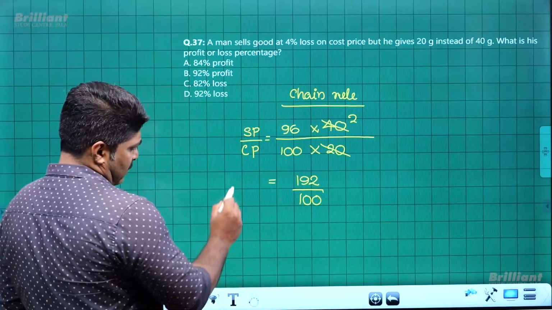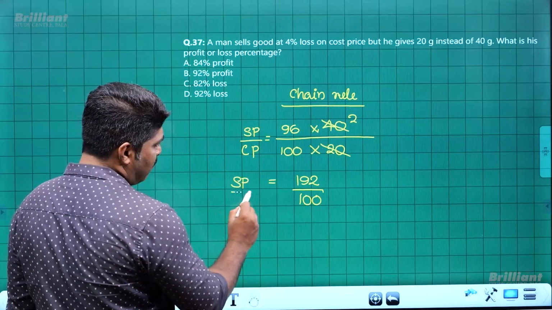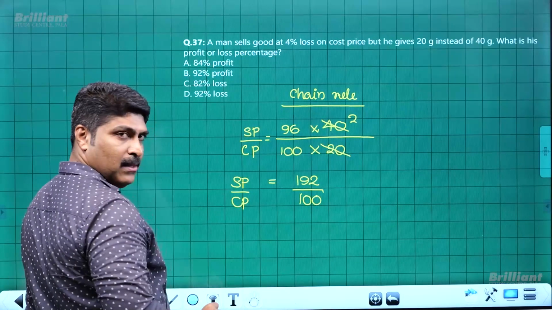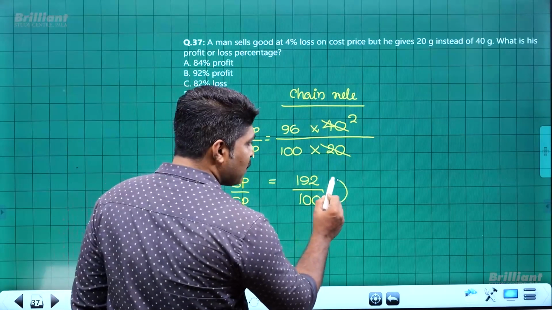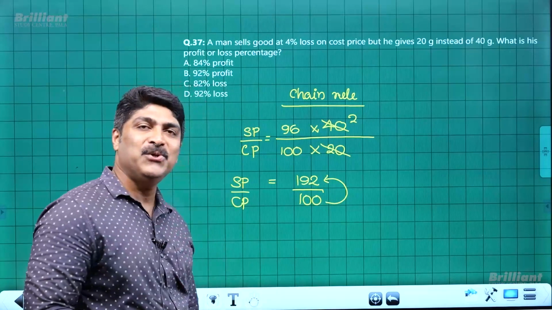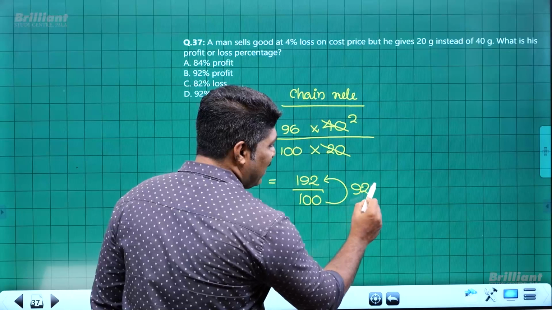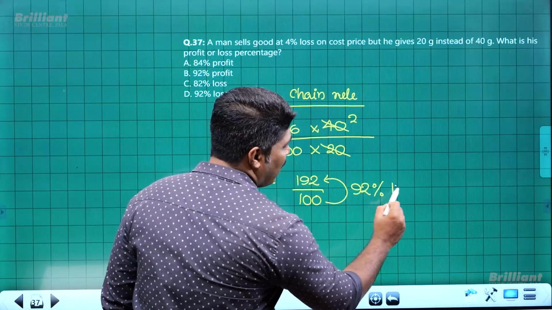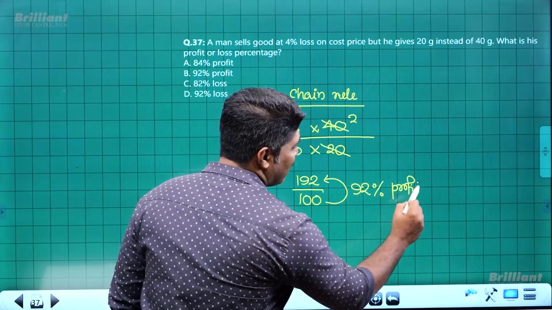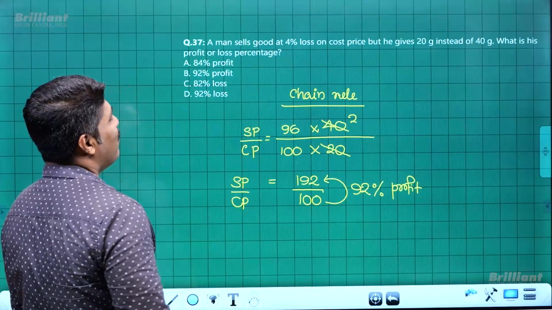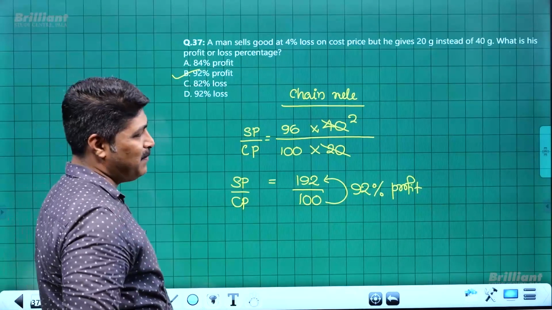So this is selling price by cost price. With 100 as cost, the selling price is 92 more than 100. That means there is a profit of 92%. Clear? So our answer is 92% profit.